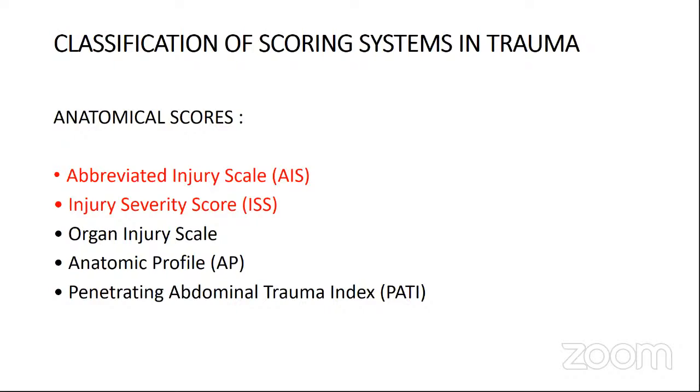Anatomical scoring systems include the abbreviated injury scale or AIS, injury severity score or ISS, anatomical profile or AP, and penetrating abdominal trauma index. The important ones are the abbreviated injury scale and the injury severity score.